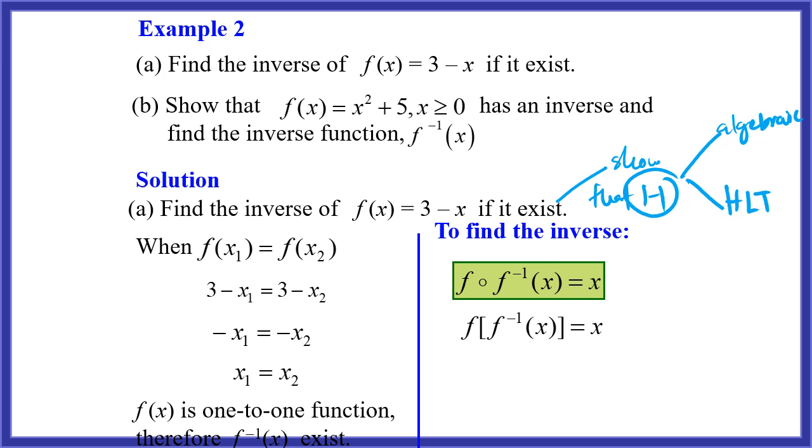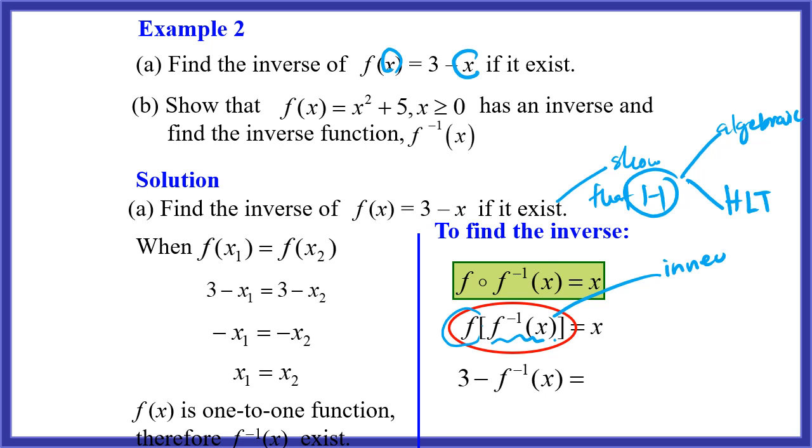What we want to find is f inverse, which is the inner function. If we remember the composite method we learned to find the inner function, we just apply that. f of x is equal to 3 minus x. So for f of f inverse, we replace the x with f inverse. On the left side we have 3 minus f inverse x equal to x.